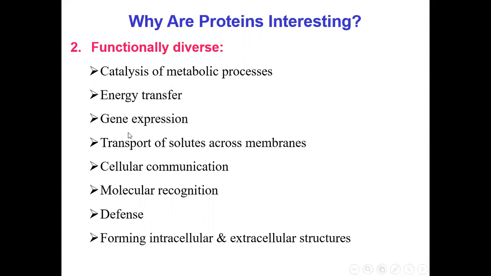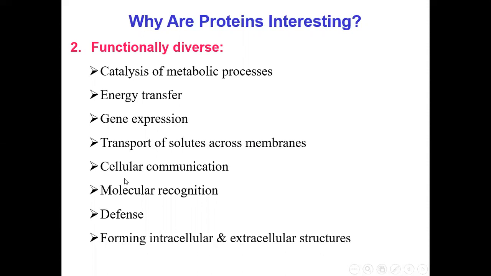Others are involved in the expression of genes, the transport of ions and solutes across cellular membranes. This is, for example, what allows proteins to import foodstuff molecules and export waste products.